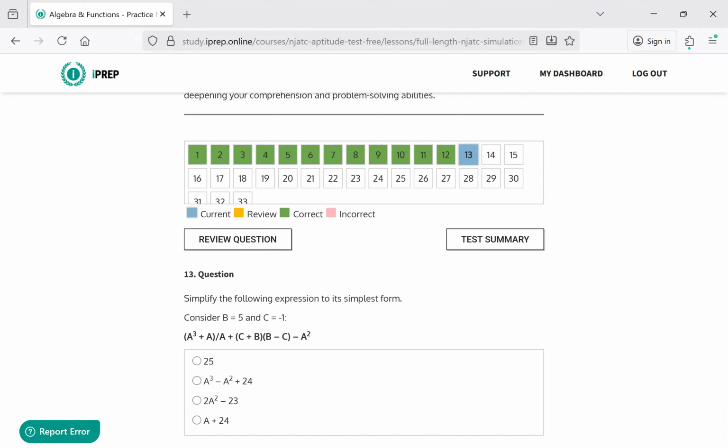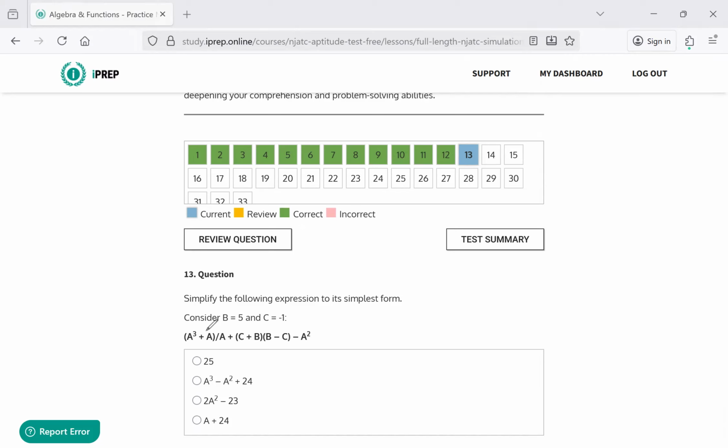Simplify the following expression in the simplest form. We have a cubed plus a over a, plus c plus b times b minus c minus a squared. Consider b equals 5 and c equals negative 8. Maybe I should just plug it in. What I would do is, I know this is really annoying, the slanted fraction.